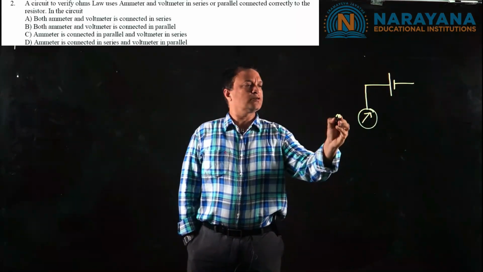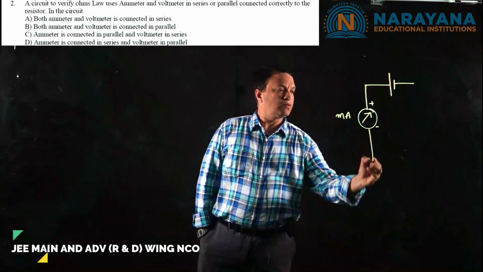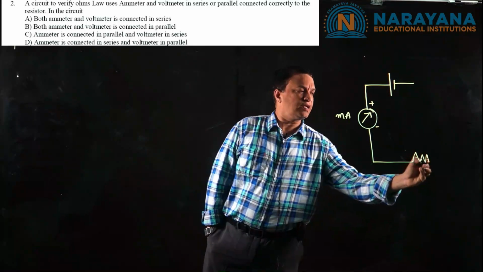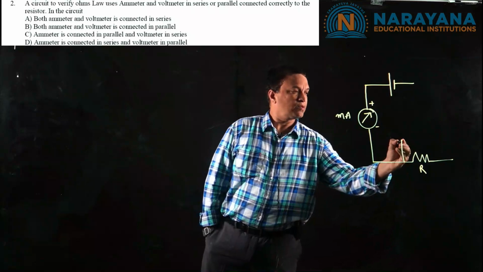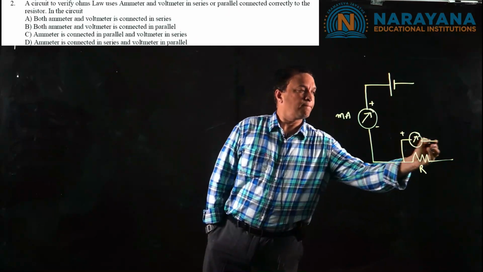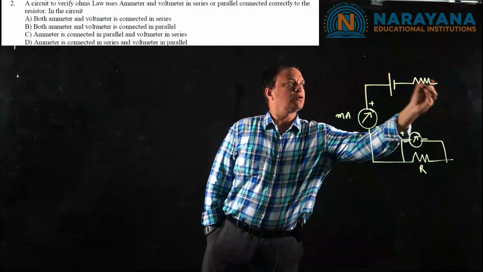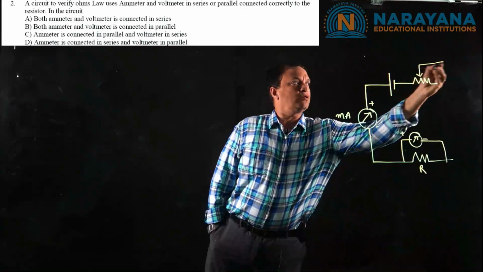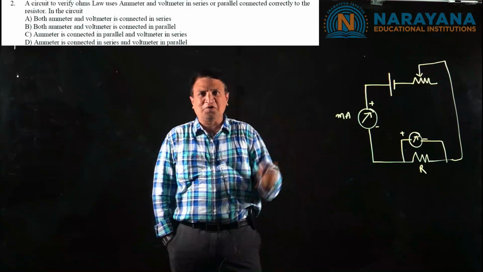We will use a milliammeter, and this is the resistor whose resistance is what we are going to measure, and this is the voltmeter. And remember, this is a rheostat. Now you comment on this.